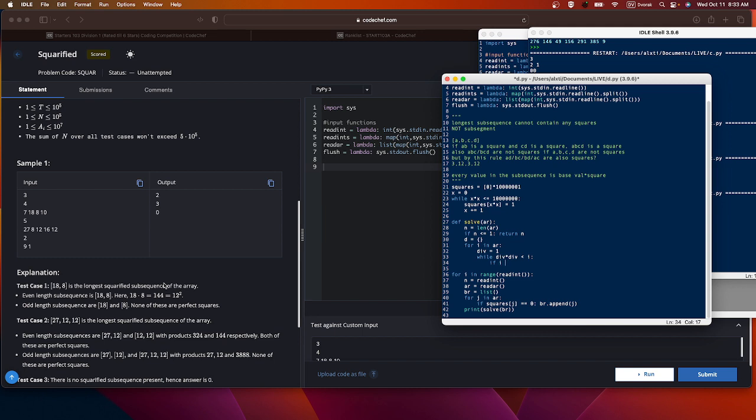If div I, then we have to try the other one, I divided by div. So we try its alternate.